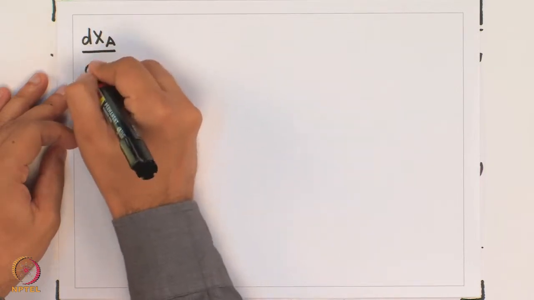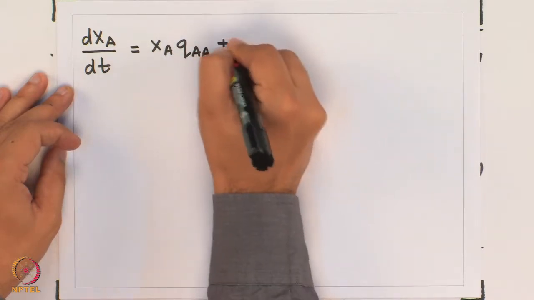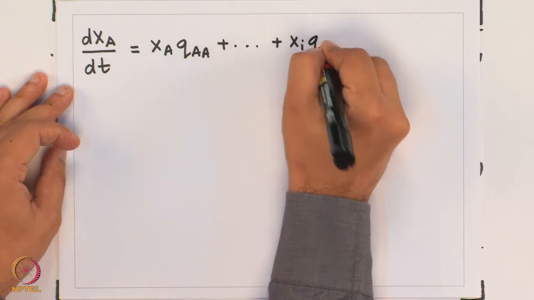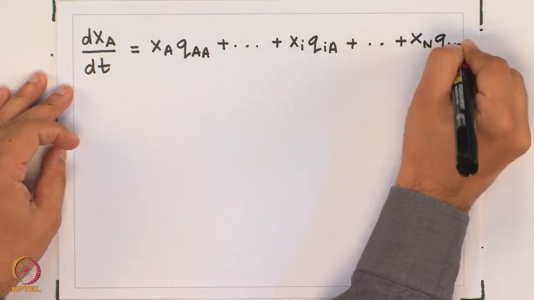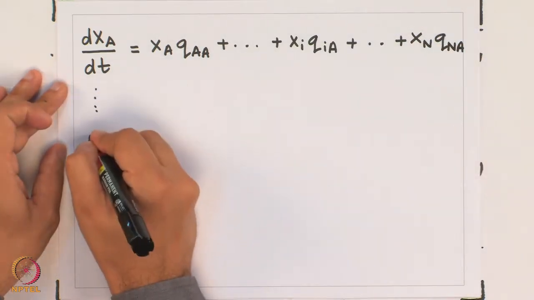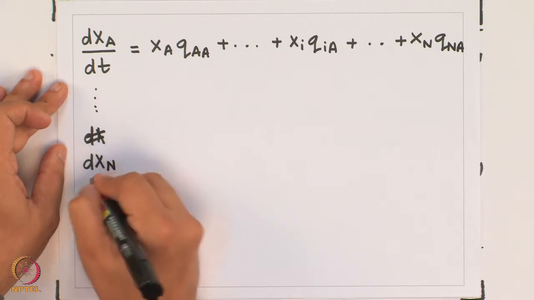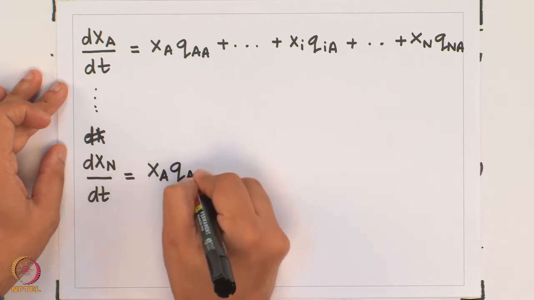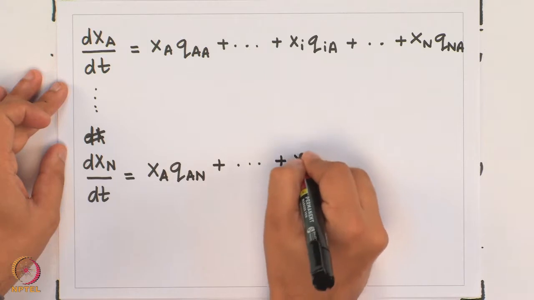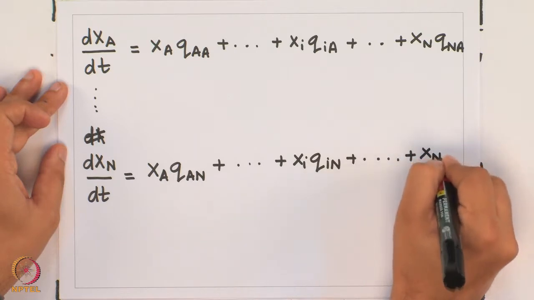and I'll write, dxA by dt equals XA QAA plus XI QIA going all the way up to XN QNA, going all the way up to dxN by dt equals XA QAN plus XI QIN plus XN QNN.